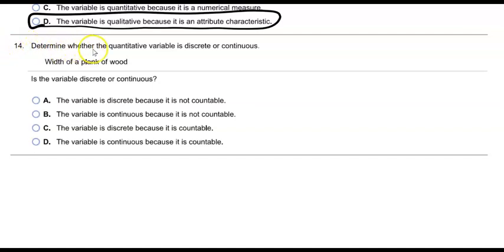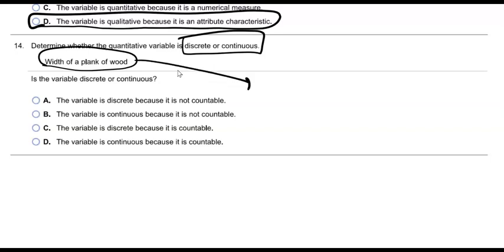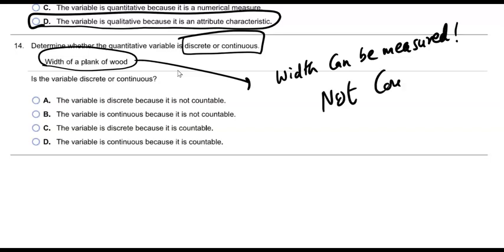Number 14, determine whether the quantitative variable is discrete or continuous. So here, width of the plank of wood. Width is how thick the plank of wood is going to be. Obviously thickness is measured in inches or feet. Width can be measured, not counted.